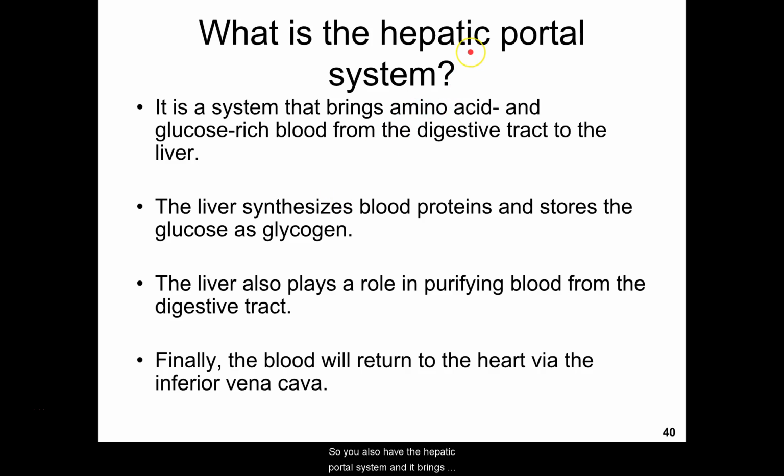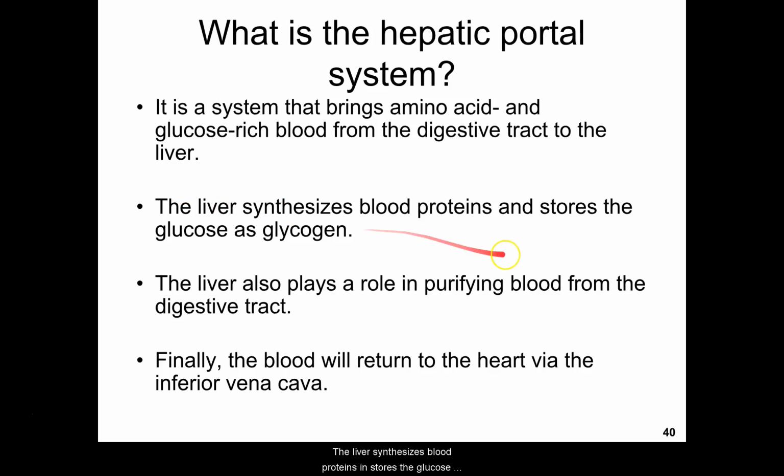So you also have the hepatic portal system, and it brings blood to the liver. So it has glucose-rich blood. So if you eat a whole bunch of candy, the blood is going to transport that glucose to be taken up by the liver. All right.